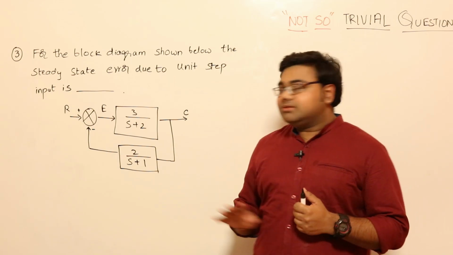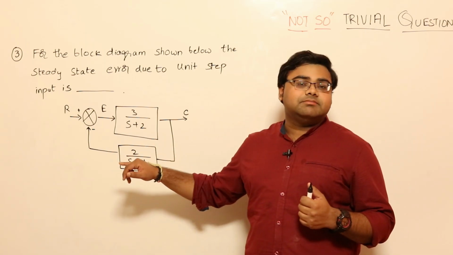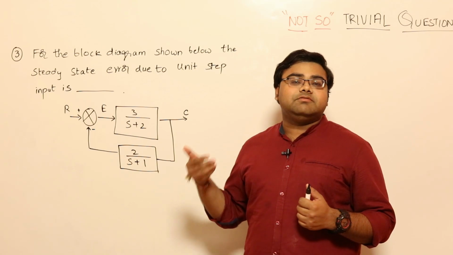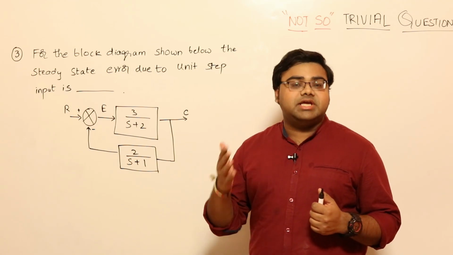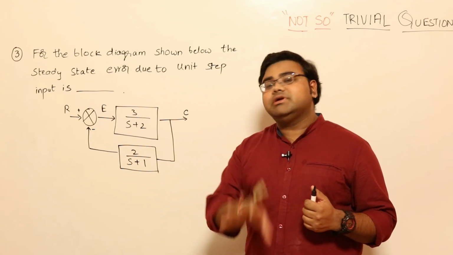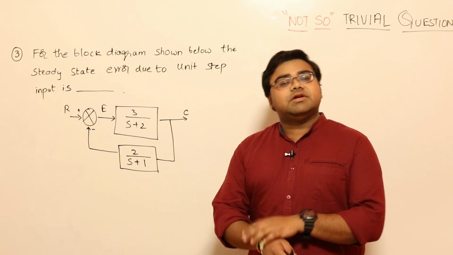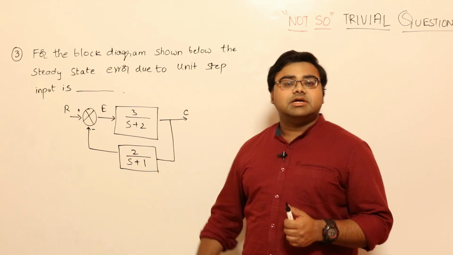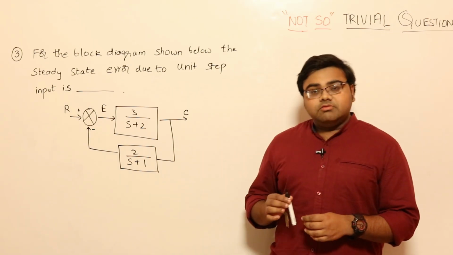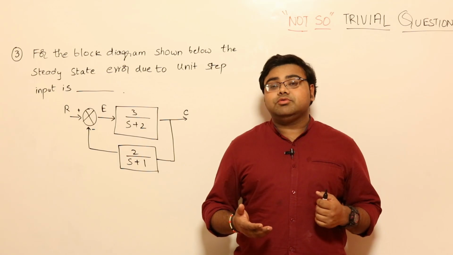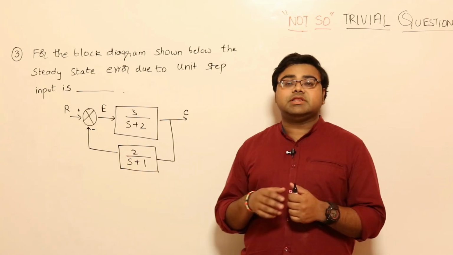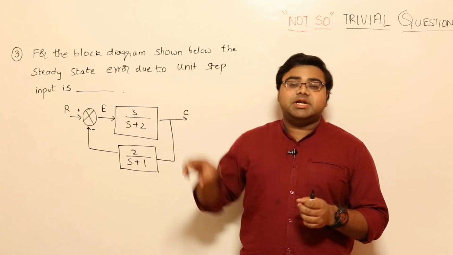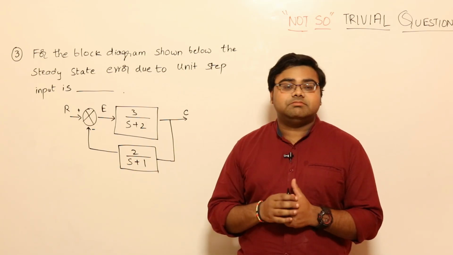I will tell you. What happens when this is unity feedback? There are some standard formulas that you remember for Kp, Kv, Ka, and you will try to use them. But unfortunately those are not applicable when you have a feedback gain, like in this case. Since you cannot use them in this case, many people will try to adjust that formula itself to fit this.